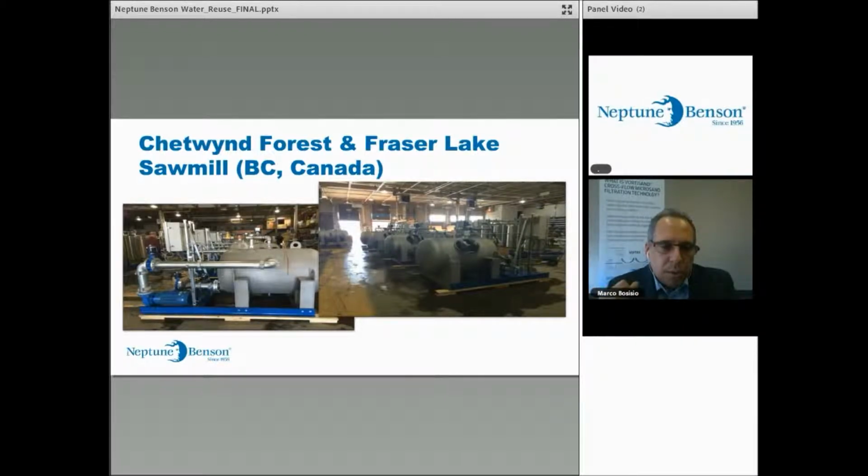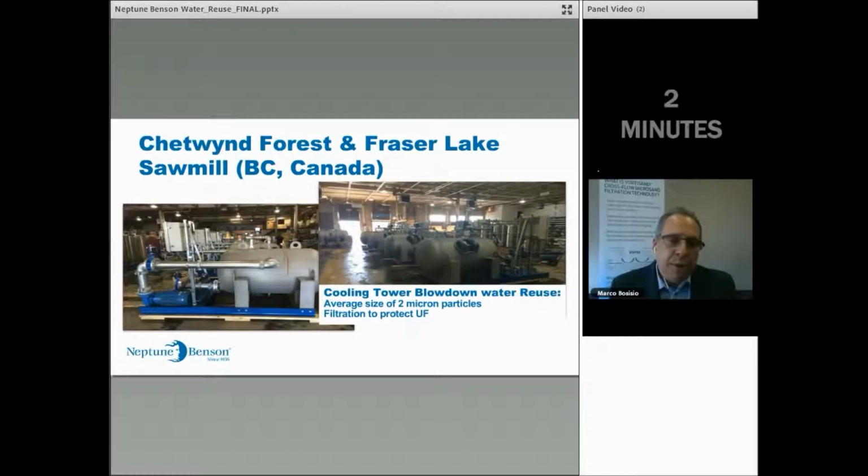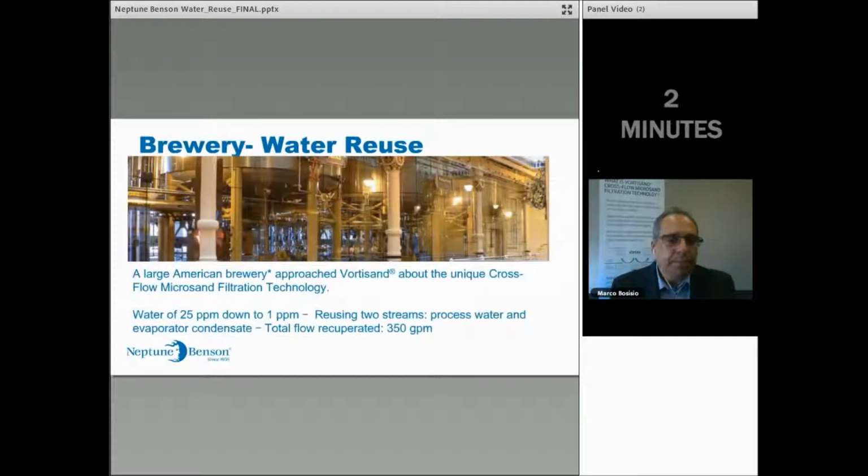Being able to treat as efficiently also allowed the client to put a UF on the blowdown of these cooling towers, and by having clean water like this, the UF is protected and is able to bring the water back as makeup water to the plant. So this is a very good example of how we can be installed into a full treatment chain and protect the membrane, for example.